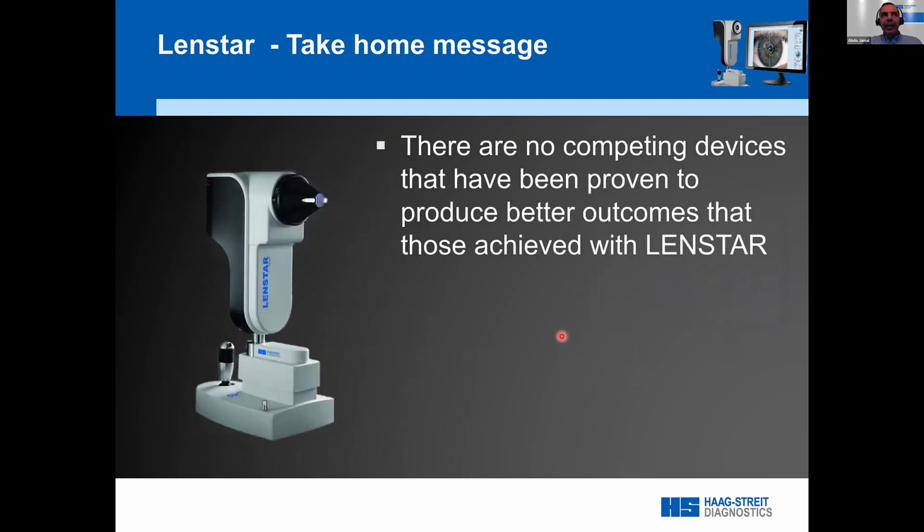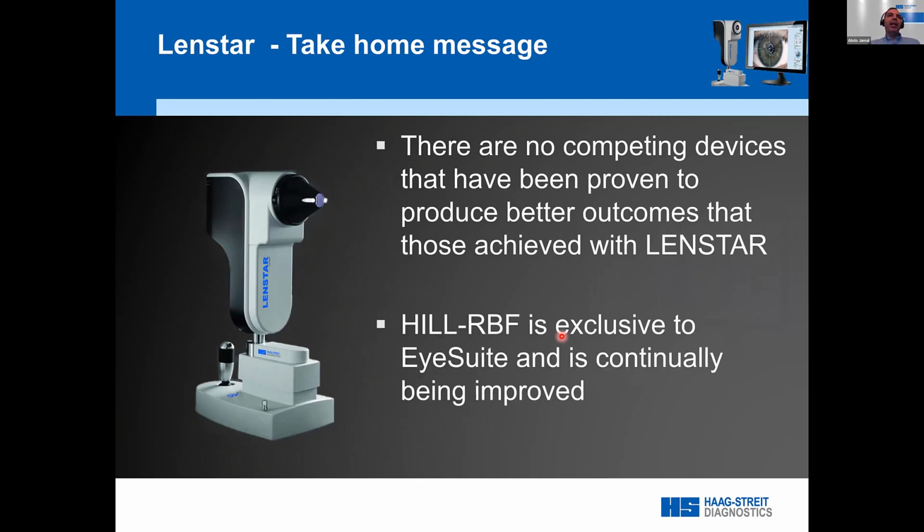There are no competing devices that have been proven to produce better outcomes than the Lenstar. You might find devices that produce similar outcomes, but so far we didn't see a device that performed better when it comes to outcome than the Lenstar. And finally, the Hill RBF is an exclusive formula to EyeSuite.